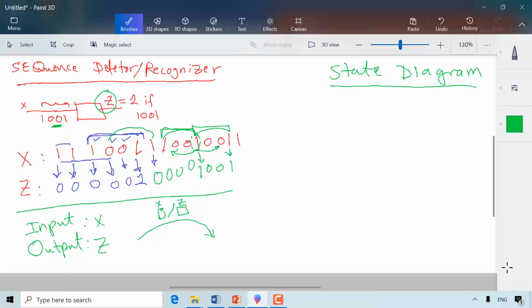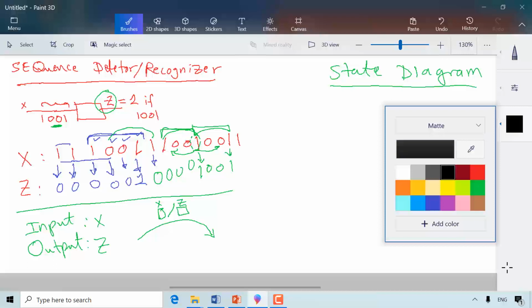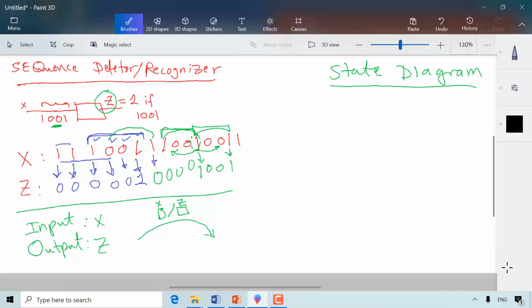Okay, so let's make our state diagram. We're going to start with a state, we're going to call it state A, and state A is the initial state.